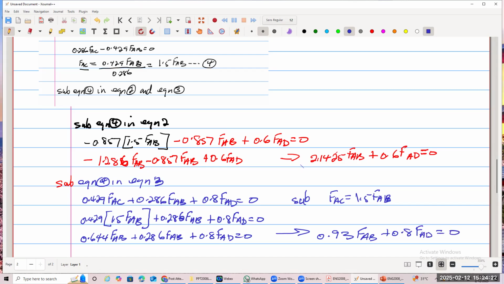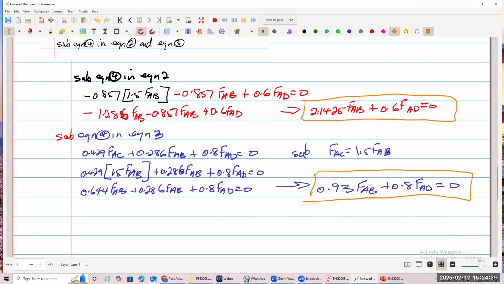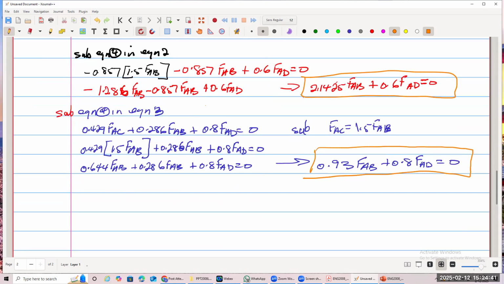So right here now we have two equations that we're going to solve. Two simultaneous equations. Can anybody tell me how you're going to solve these? Let me move up a little bit. So the equations that need solving, let's write them again.